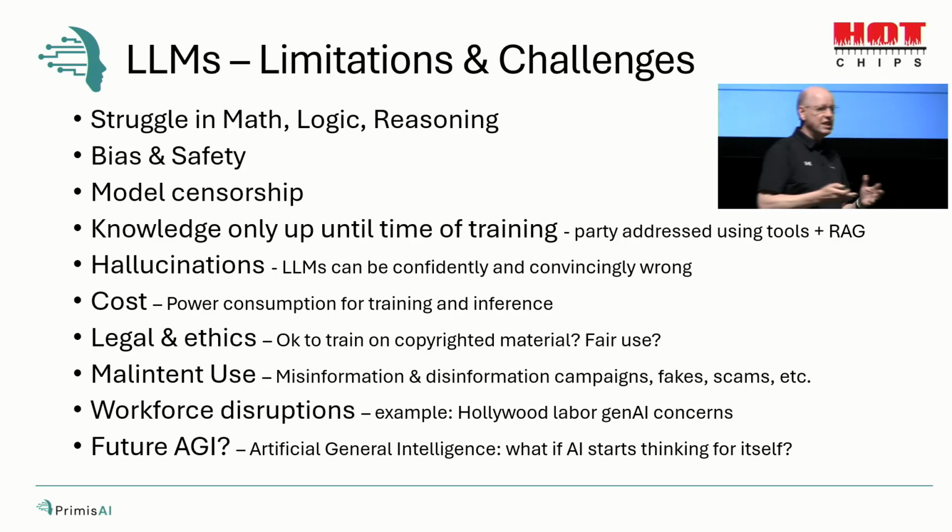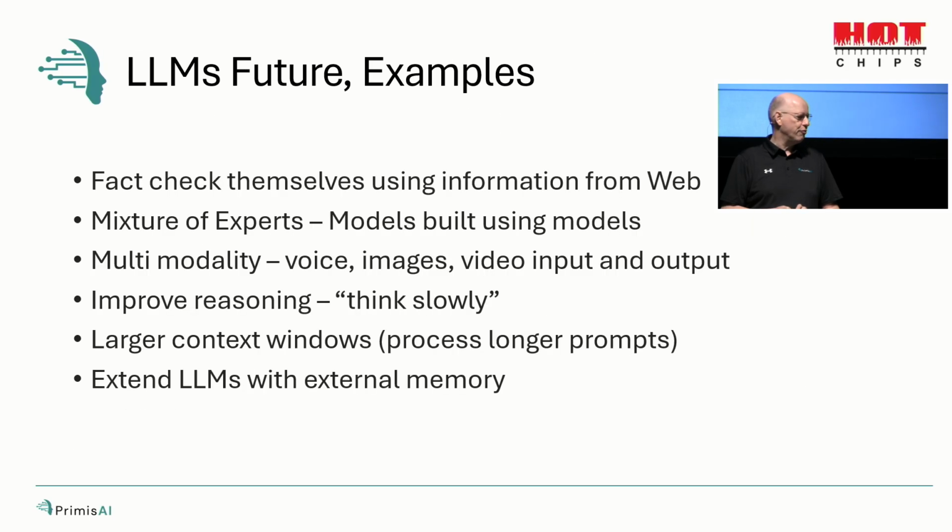There are legal concerns. Is it okay to train LLMs on copyrighted material? Is that fair use or not? There's malintent, what about generative AI being deployed for causes we don't want it to? Workforce disruptions. And, of course, ultimately the discussion on, what if the AI would start thinking for itself?